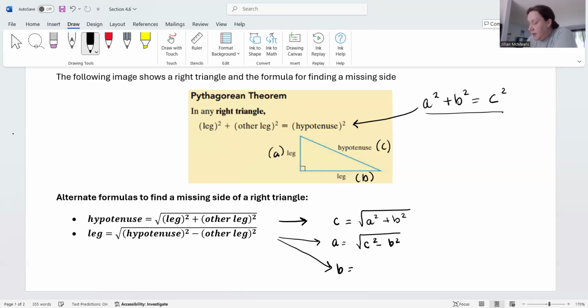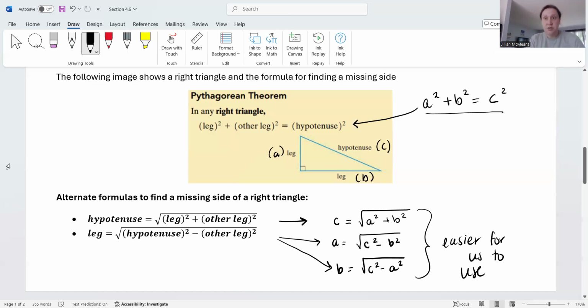If you're looking for leg B, it's going to equal the square root of C squared minus A squared. These alternate formulas are generally going to be a bit easier for us at this point, so I encourage you to know how to use them. They're just going to make life a bit easier.